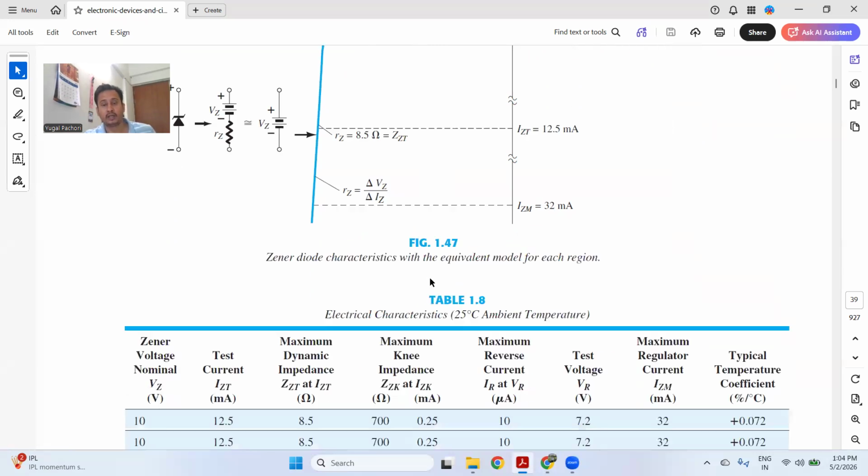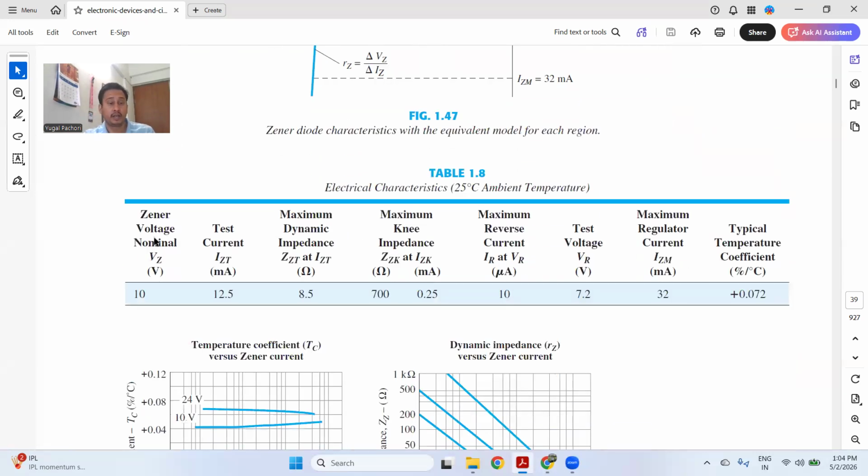Now continue the discussion. For example, electrical characteristics of the Zener diode at 25 degrees Celsius ambient temperature. 25 degrees Celsius means 273 plus 25, which is 298 Kelvin.